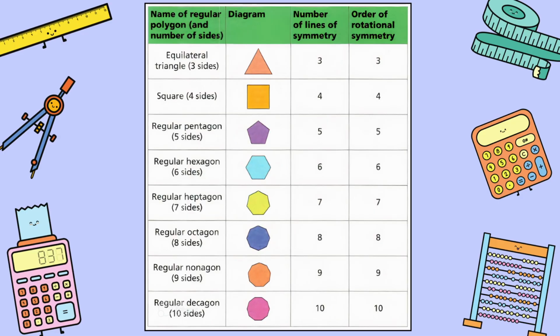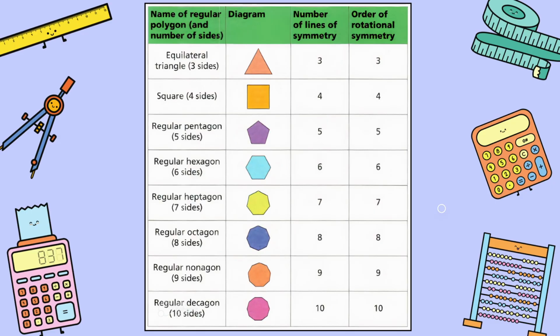Then the next shape is a regular hexagon. A hexagon has got 6 sides. 1, 2, 3, 4, 5, 6. Lines of symmetry: 6. Rotational symmetry: 6.